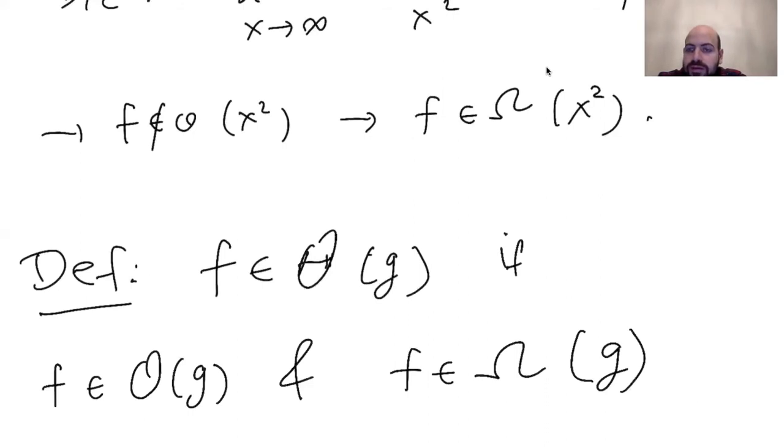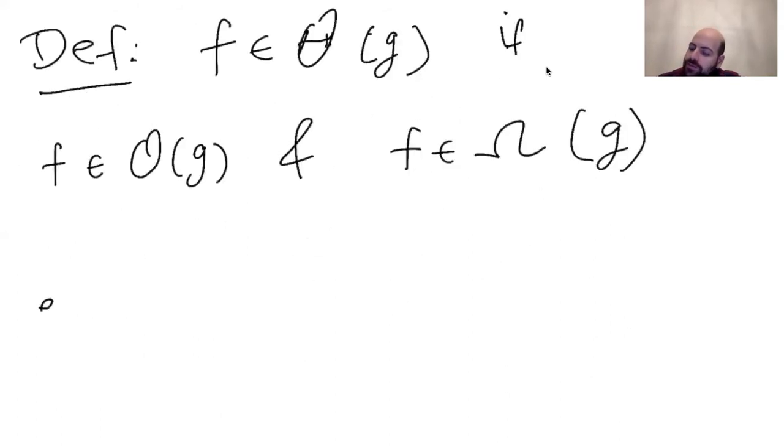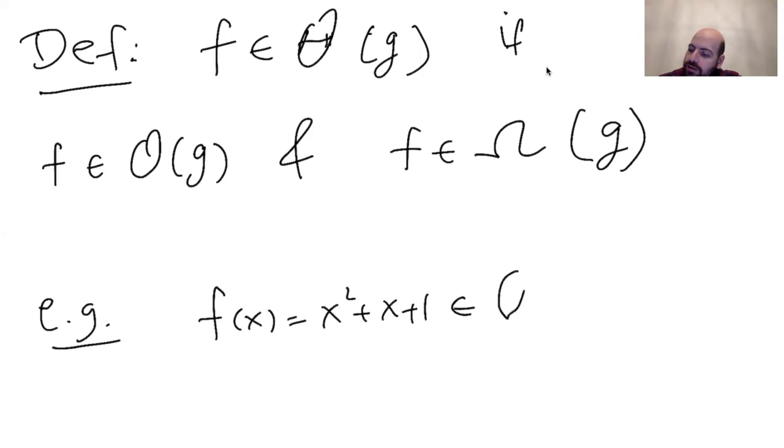So capital theta intuitively determines the asymptotic behavior of f. How does f behave? Does it behave like x squared, or like x cubed, or what? So for example, if I say f of x equals x squared plus x plus 1, this belongs to capital theta of x squared.